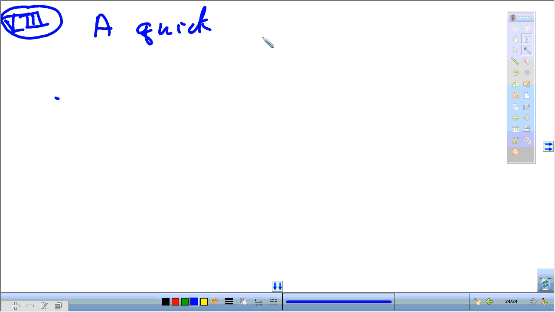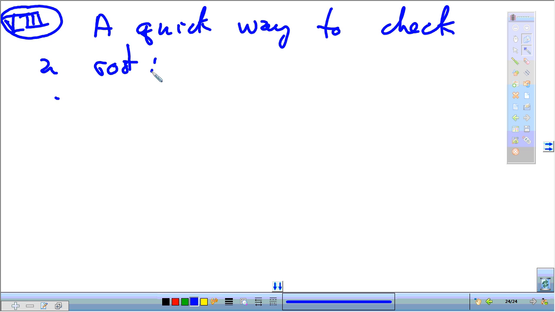But we could take a method to check these roots a little quicker.